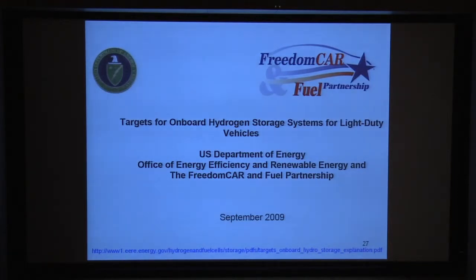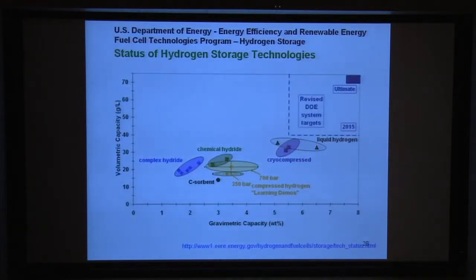And why have we been working on this so much? One reason is that the U.S. Department of Energy had the expectation that it can be an onboard fuel, with a target for 2015 under certain conditions.